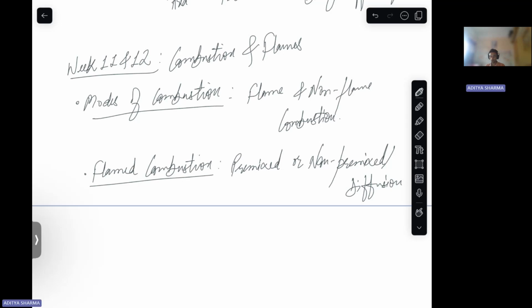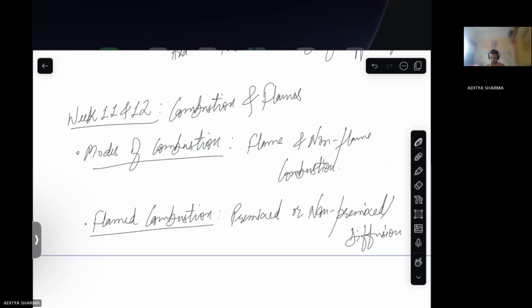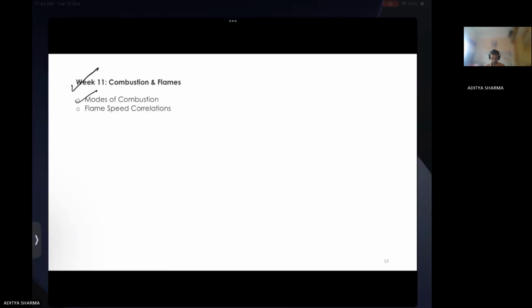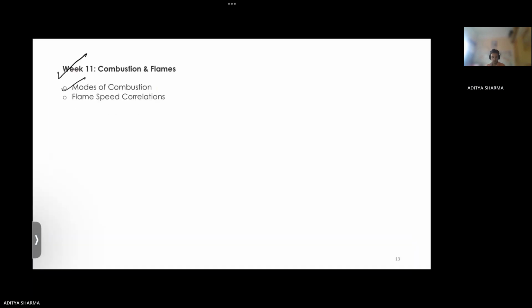So these are the two modes of combustion. Then is your flame speed correlation. One more topic here is flame arresting methods.